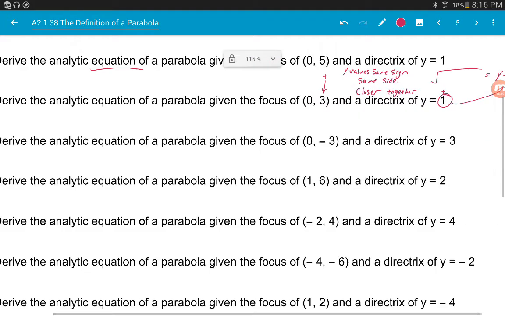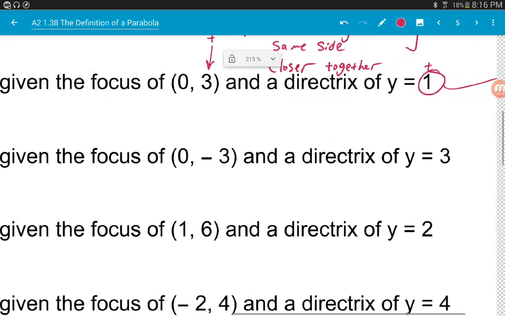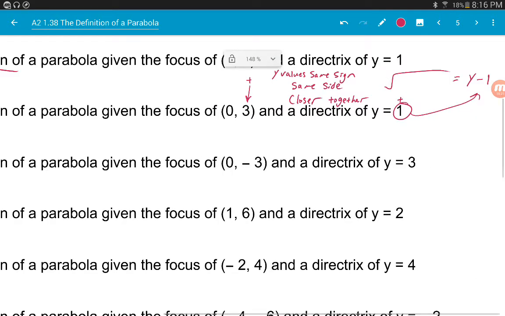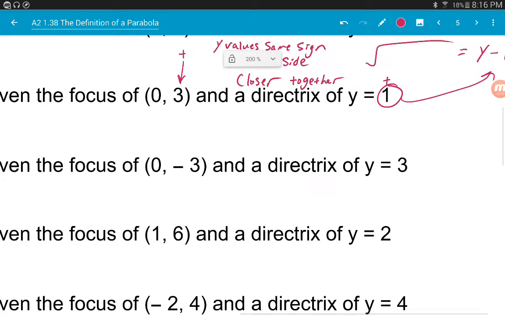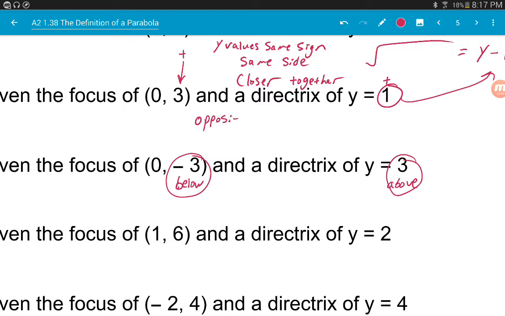Let's look at the next question, which is question number 15. We have a focus of 0, negative 3, and a directrix of y equals 3. So this negative 3 means that it is below the x-axis, and this is above. So let's think. They're opposite sides.